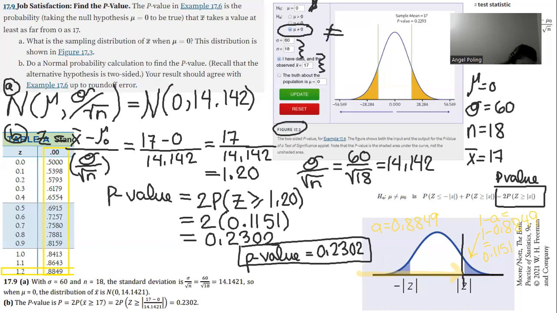All right, so checking with the book, we get the normal curve of 0 at the mean and 14.1421 at the standard deviation. We also find we match the book, 0.2302 on the p-value.